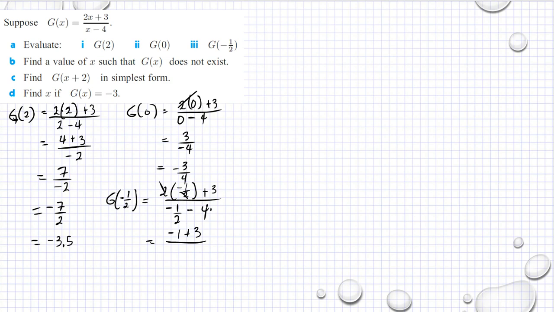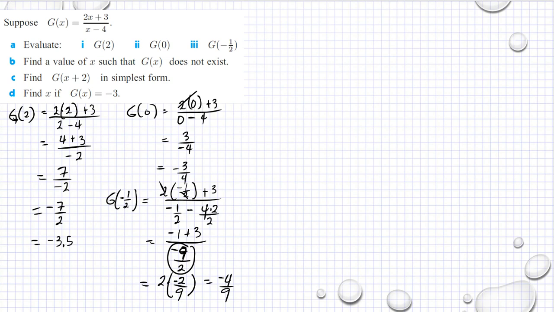We're supposed to multiply this by 2 instead, because we need to have the same denominator. Then we have minus 1 minus 6, that is negative 7. Sorry, negative 9. Minus 1 minus 8 divided by 2. Then we have 2 times the reciprocal of this, and we have negative 4/9.